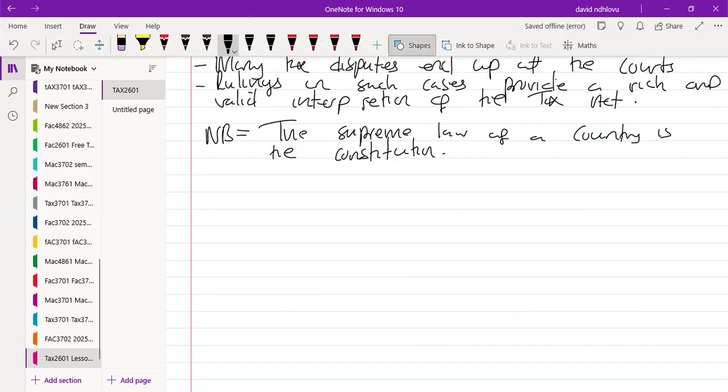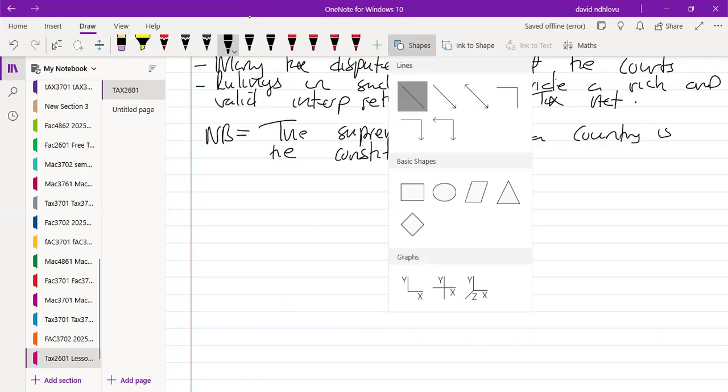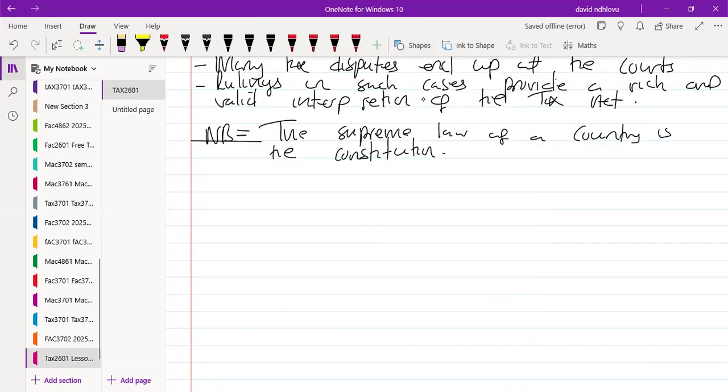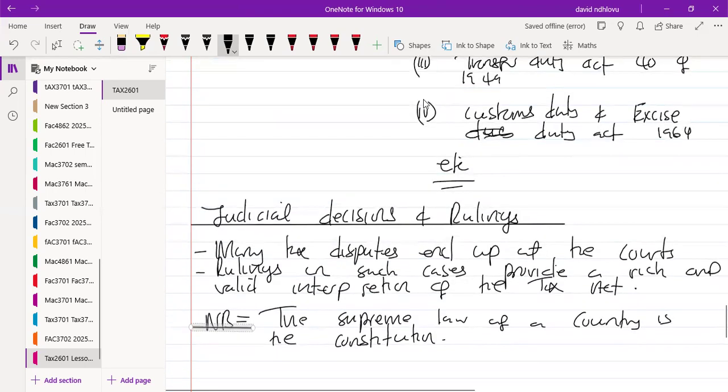At the end of the day, if there is a very big dispute that cannot be settled by either interpreting the Act or judicial rulings, we have to look at whether the Constitution is being violated or adhered to. Even though the Act consists of decisions and rulings enacted by Parliament, they are still subject to the provisions of the Constitution of South Africa.